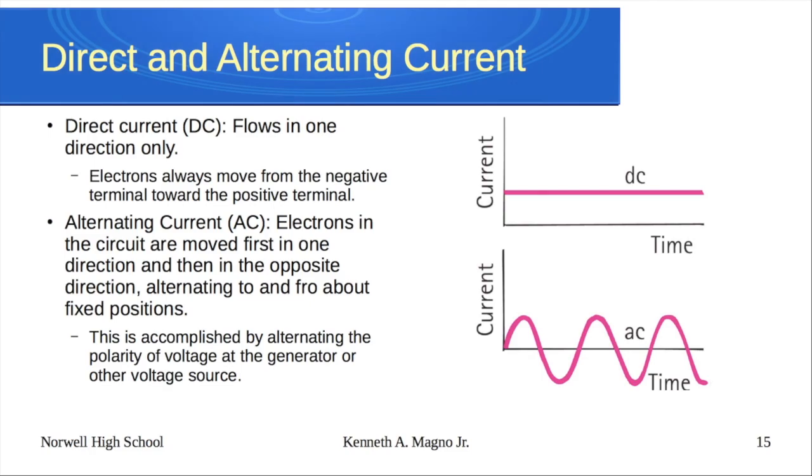And this was the big battle that happened between Edison and Westinghouse, aka Tesla. All right, Tesla was a big fan of AC. He went to work for Westinghouse. Edison liked DC.